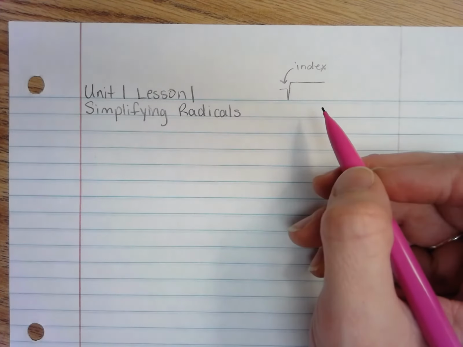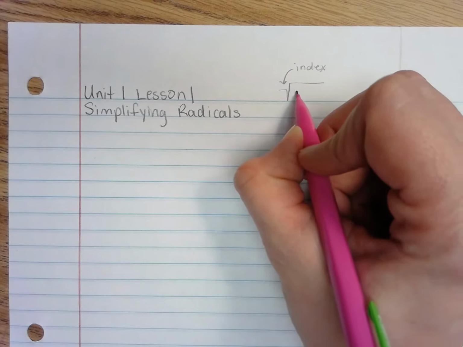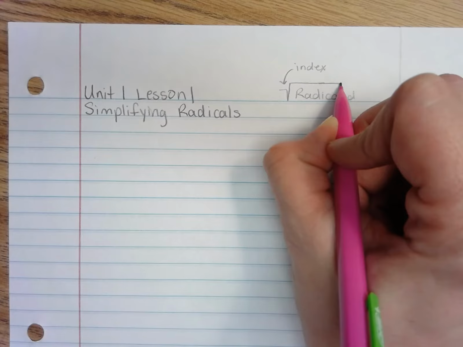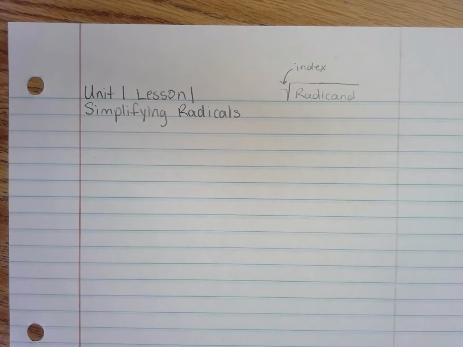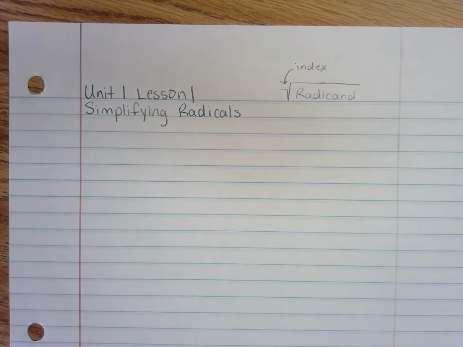The number inside that symbol is called a radicand. And that symbol is a radical symbol, so we will be simplifying these radicals with an index number today of 2. Let's look at our first example.